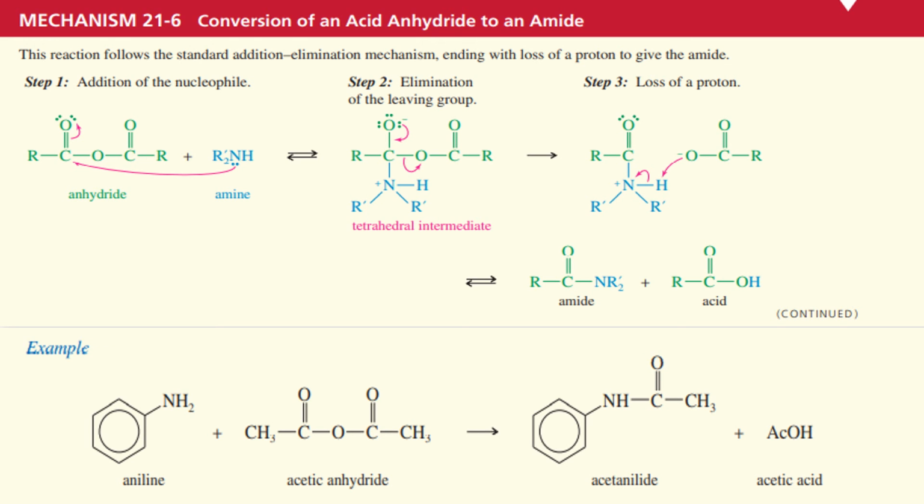Anhydrides react quickly with ammonia or amines. Reaction of an anhydride with ammonia gives a primary amide. Anhydrides react with a primary amine to give a secondary amide and with a secondary amine to give a tertiary amide. For example, aniline reacts with acetic anhydride to form acetanilide and acetic acid.